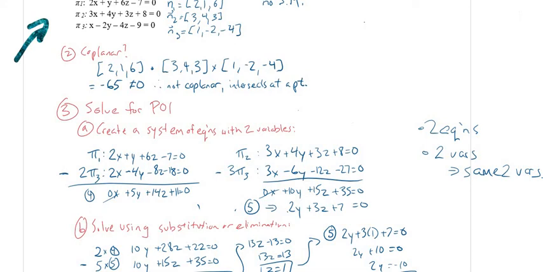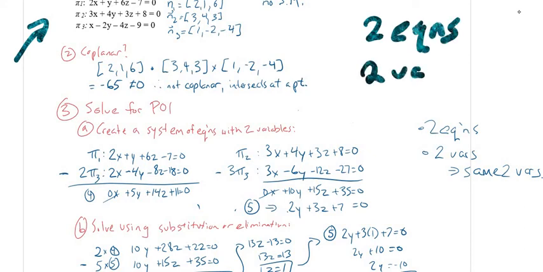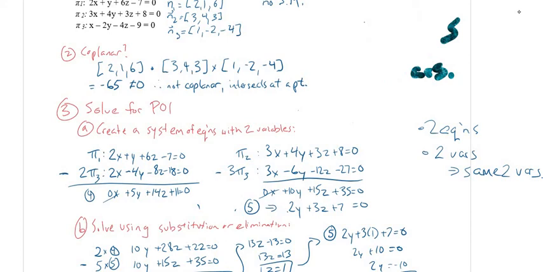This is way too many variables and equations to work with. In order to use elimination properly, we need a system of 2 equations and 2 variables. So our first step is we're going to use a bit of magical trickery to get this down to 2 equations with 2 variables.